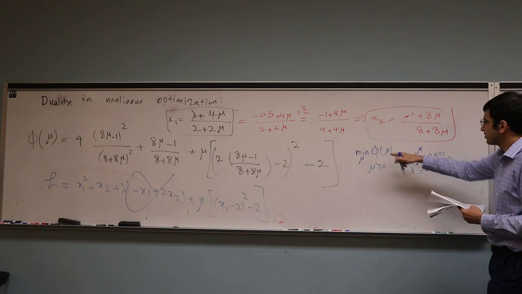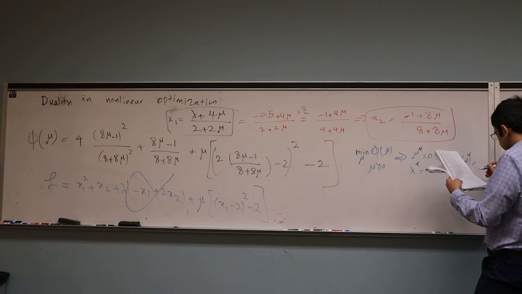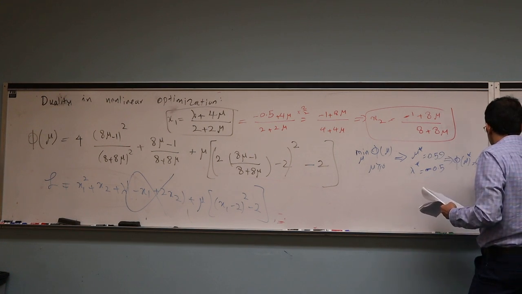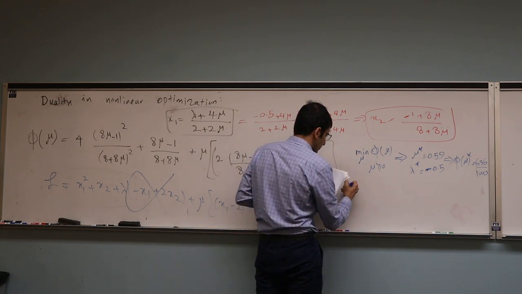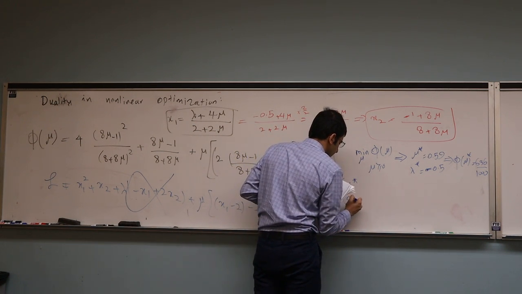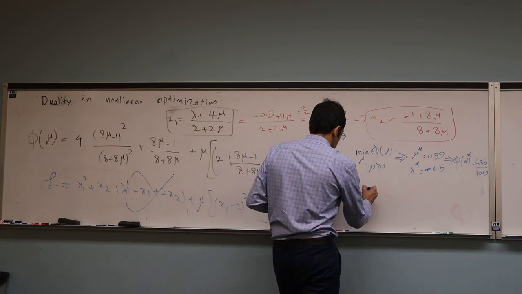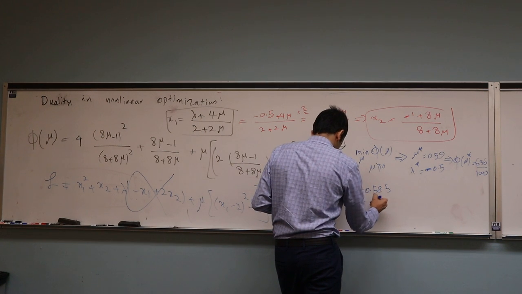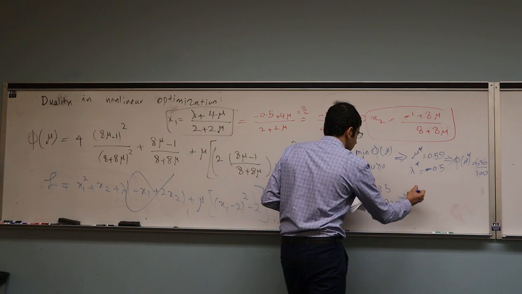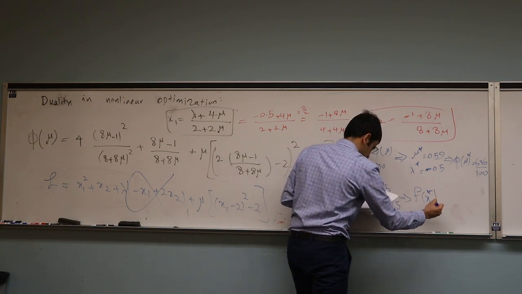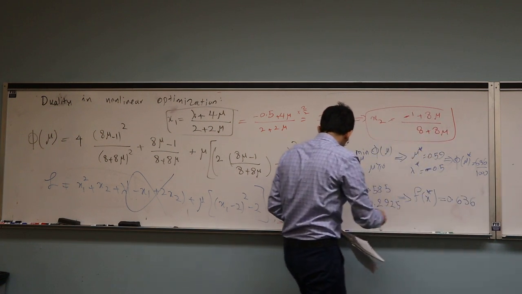So if you insert these two inside your objective, it will be 636 over 1000. And if you solve your original problem, x1 star and x2 star will be 0.585 and 0.2925. If you insert them in the original objective function, it will be 0.636. So these two are equal.